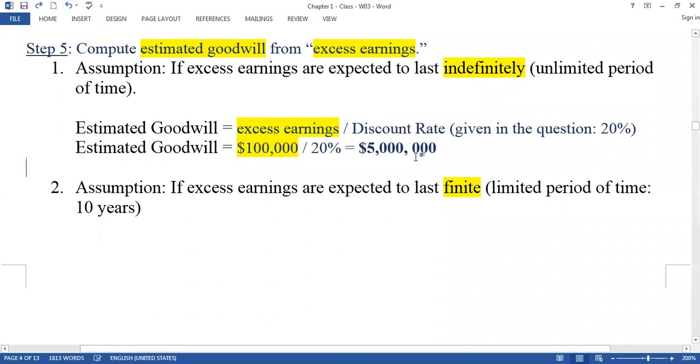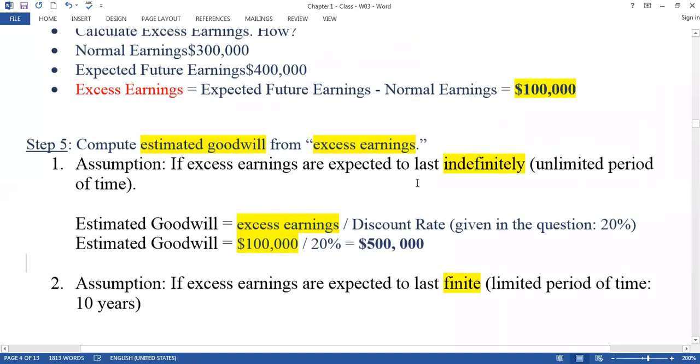Anyway, if we do this, then we can get the estimated goodwill. Okay, maybe $500,000. So we may have estimated goodwill like this.